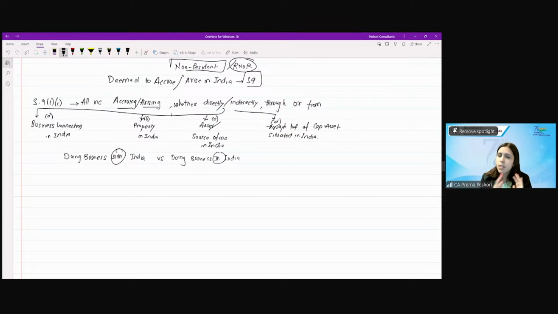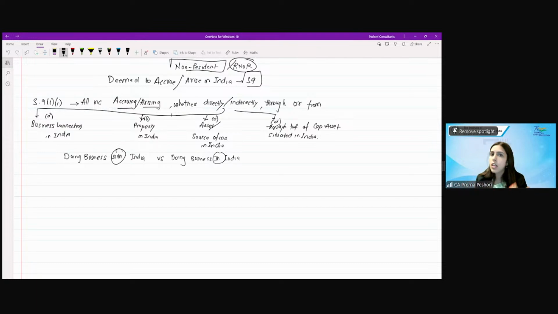So that is where the supply, the sale of goods, concludes outside India itself. Or maybe services which I'm providing from outside India, maybe virtually. Those are the things where I'm doing business with India.